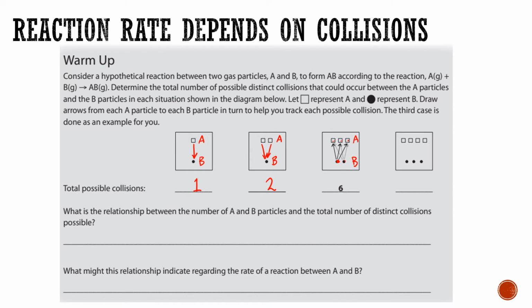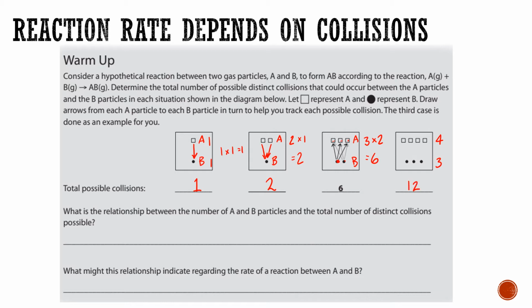And hopefully you've kind of gotten the point of what we've been doing here. We've got 1 and 1, so 1 times 1 equals 1. 2 times 1 gives us our 2. 3 times 2 gives us 6 possible collisions. So with this one, we don't even need to go ahead and draw the arrows here. I've got 4 A's, 3 B's, 4 times 3 is 12.